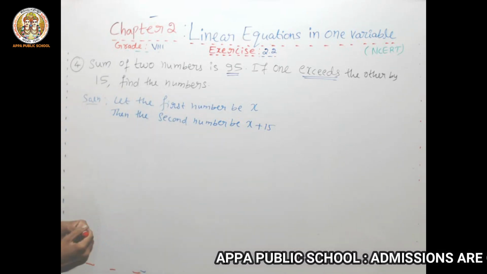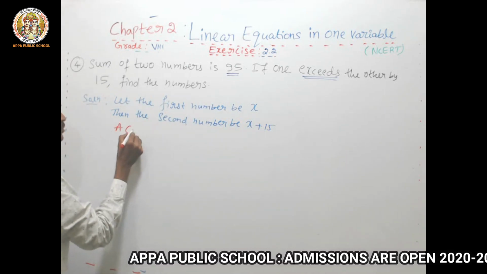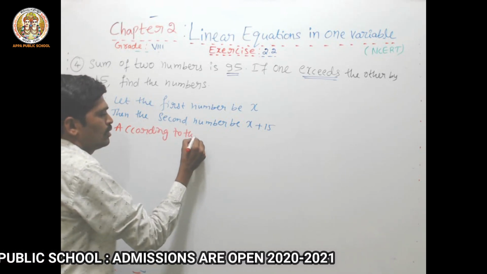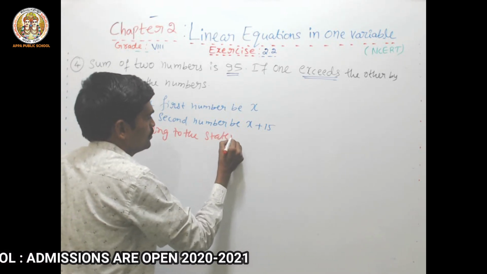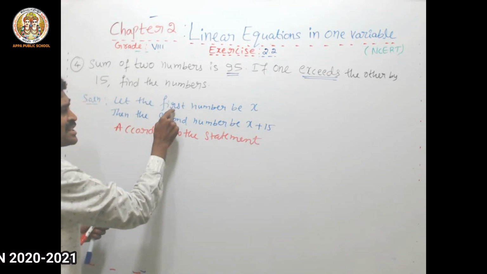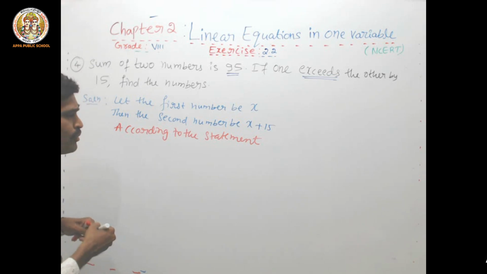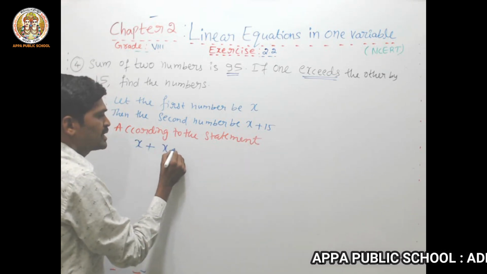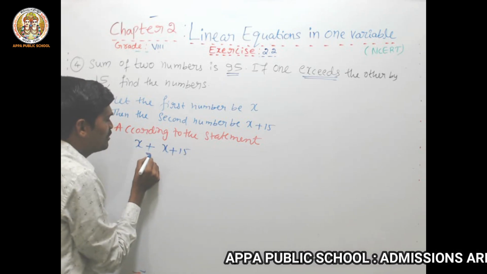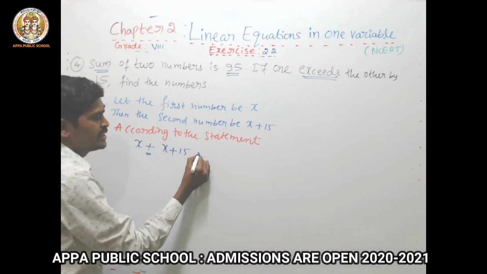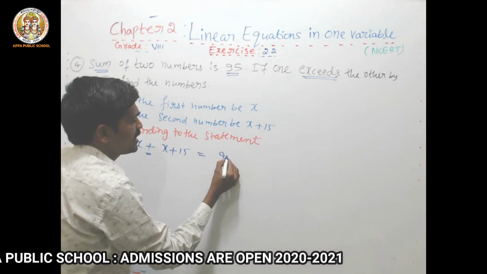Now, according to the statement, adding the first number and the second number. So, first number x plus second number x plus 15. Why do we have to add here? Because they told the sum of the two numbers is equal to 95.